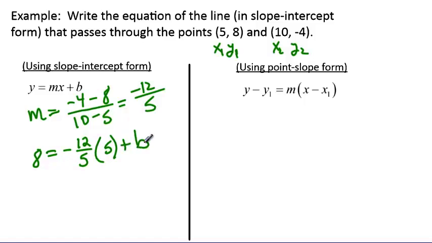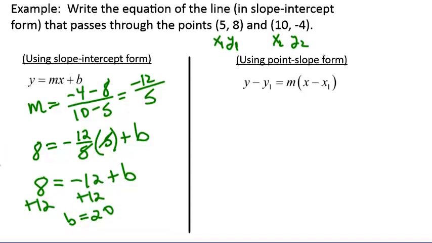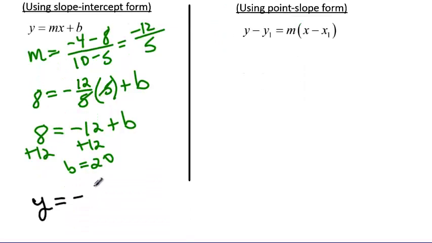And I chose 5, 8 because I knew that I'd be multiplying 12/5 times 5, and those 5s are going to divide. So I get 8 equals, the 5s divide out, so I get -12 plus b, and if I add 12 to both sides, then I get b equals 20. So the equation then is y equals -12/5 x plus 20.